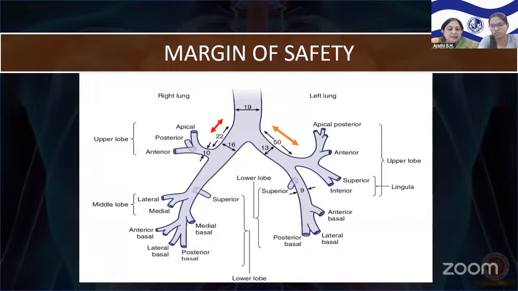In this picture, the red arrow on the left side shows the margin of safety, which is about 5 centimeters in a left DLT, whereas it is only about 2.2 to 2.5 centimeters on the right side, where the upper lobe bronchus branches out from the right. With this picture itself, we can understand left DLT insertion is safer and easier.